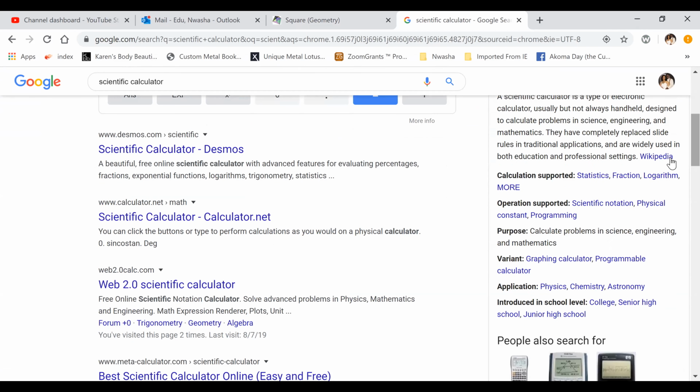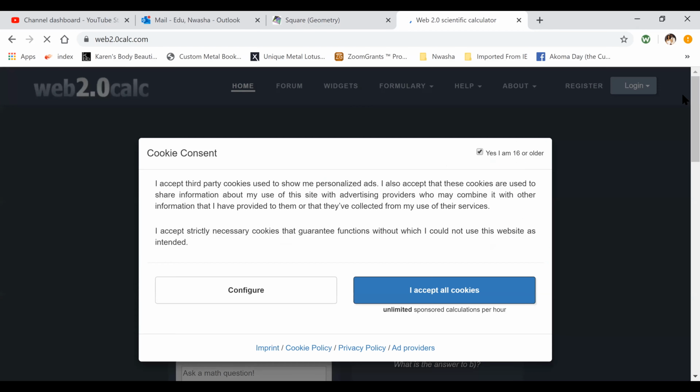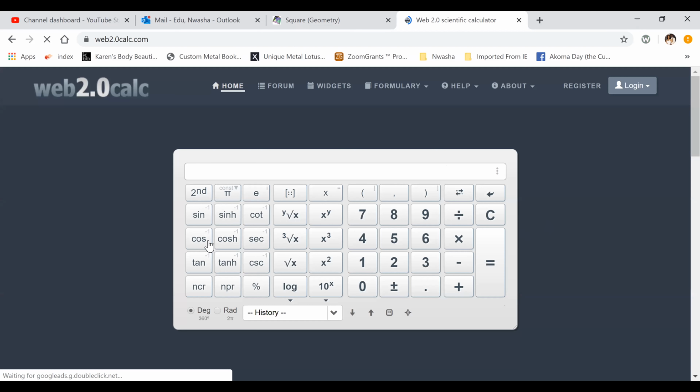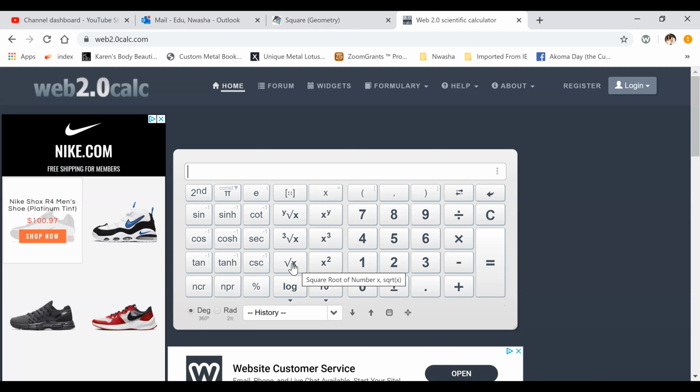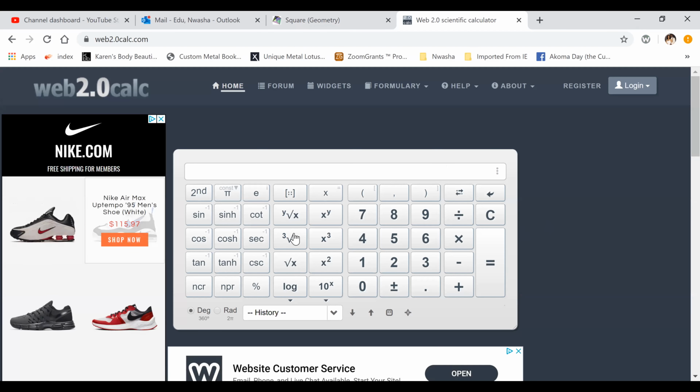And then this is the one that we were pulling up a lot in class, was the Web 2.0. And here you can see that there's a square root, cubed root key. So there's a couple more keys here. And I know some people already have a scientific calculator, or you might be using a scientific calculator app.